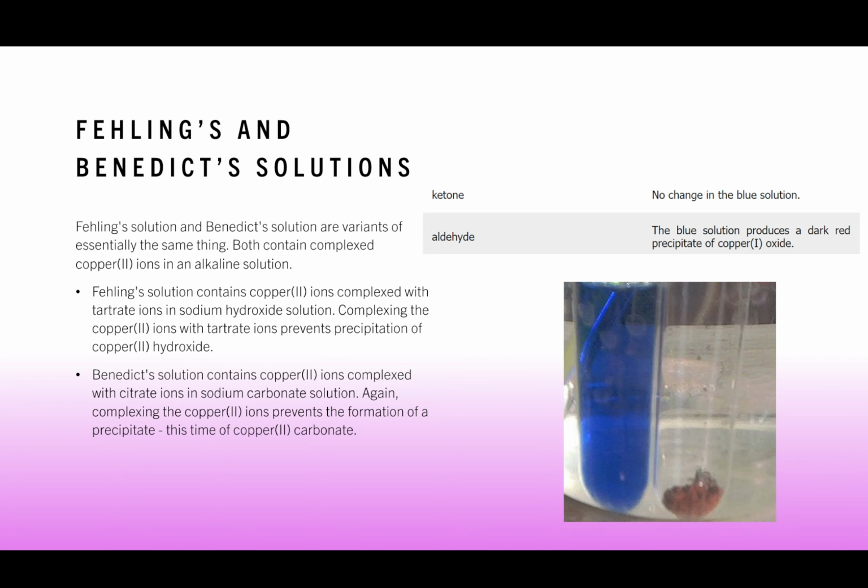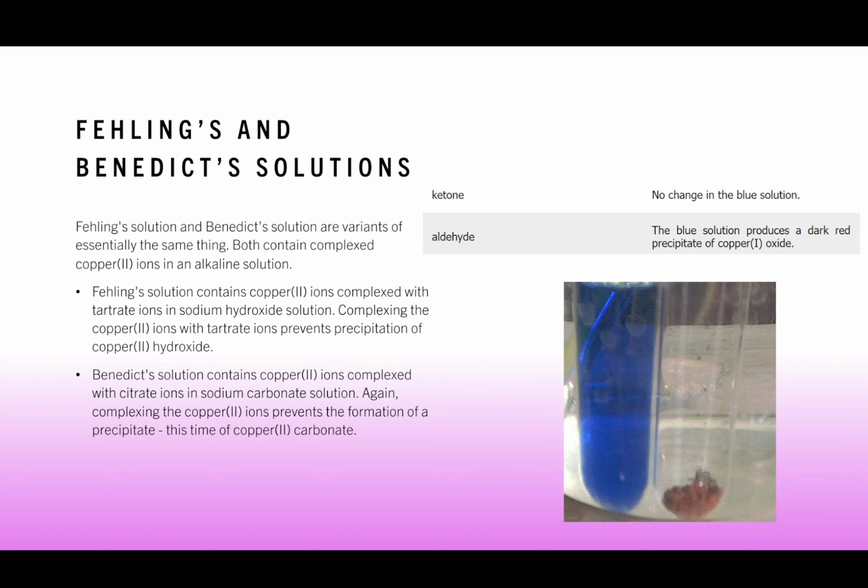So Fehling's and Benedict's solutions can be used to figure out whether something is an aldehyde or a ketone. Remember that Fehling's solution contains copper ions complexed with tartrate ions in sodium hydroxide solution. Benedict's solution is copper ions complexed with citrate ions in sodium carbonate solution.